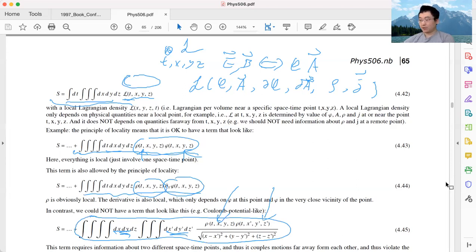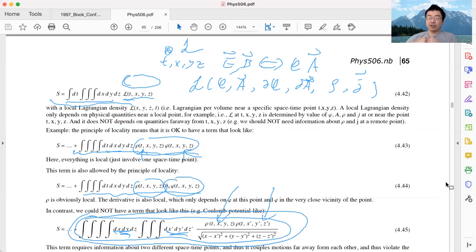So rho of x, y, z tells me I need to measure charge density at this point. And rho of x prime, y prime, z prime means I need to measure charge density in this area. Then I need to multiply them together in this term. In other words, this term I'm writing down here involves information both here and there.